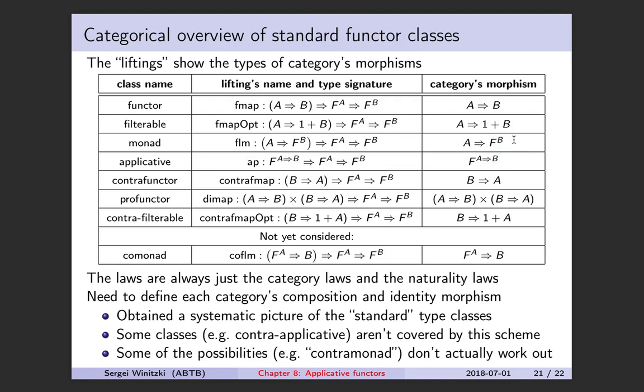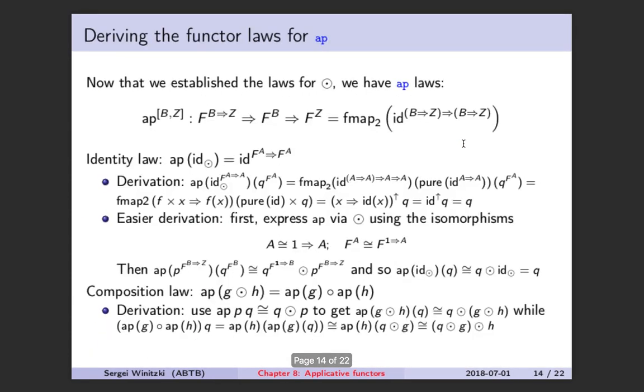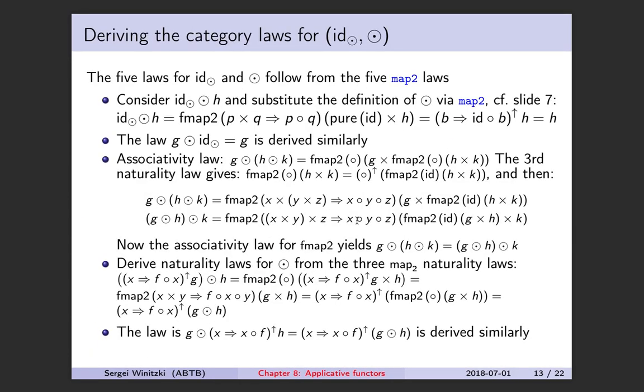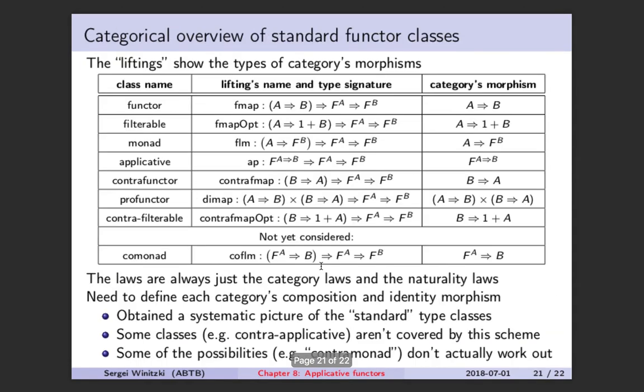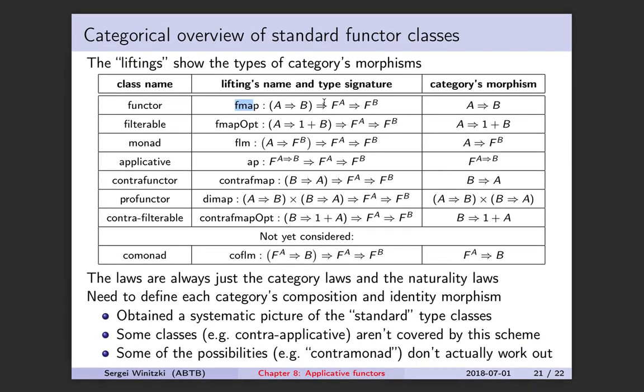Once you have specified this and demanded the laws of category and also naturality, there must be the naturality laws that relate this twisted composition and the ordinary usual fmap.